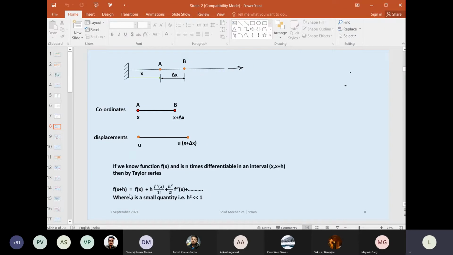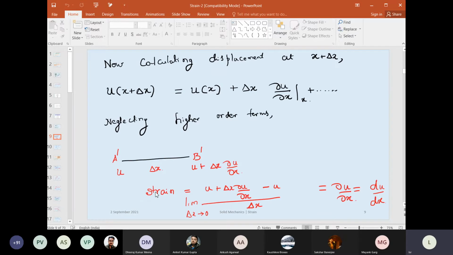We used Taylor series and we made only a first order approximation, because according to our Taylor series delta x is small, which means delta x square is much smaller than 1. So the higher order terms, delta x square, delta x cube and so on, are of negligible value, so we can neglect them.